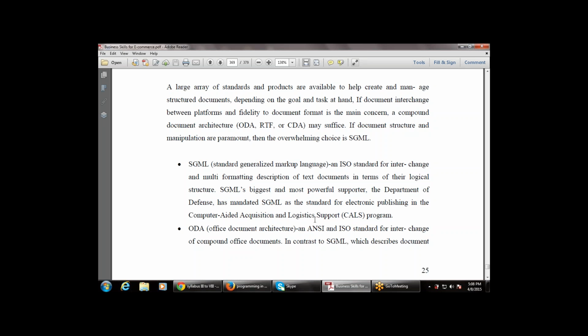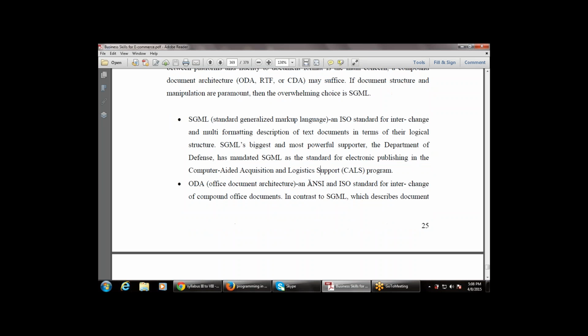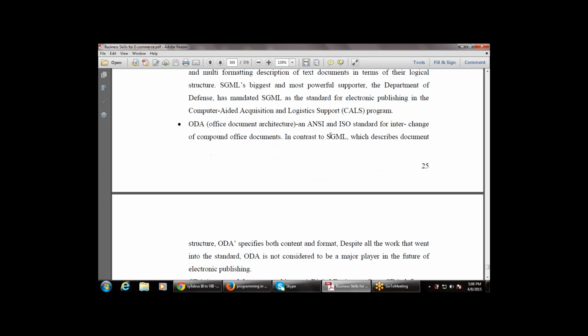Then next is ODA, the Office Document Architecture, which is the ANSI and ISO standard, the American National Standards Institute and International Organization for Standardization standard, for interchanging compound office documents.